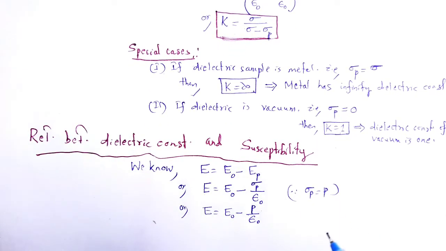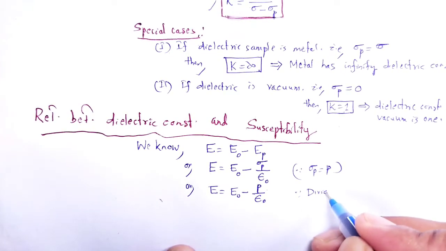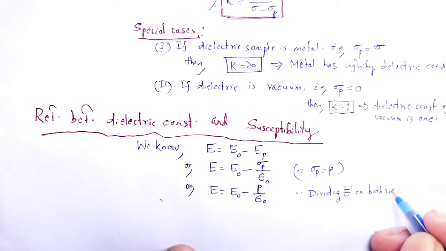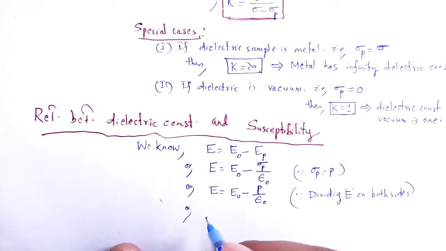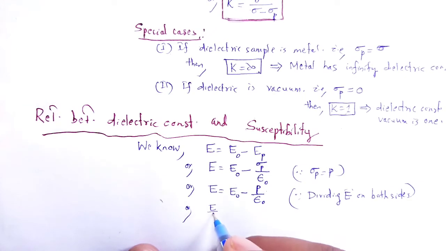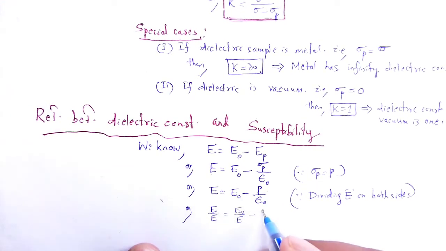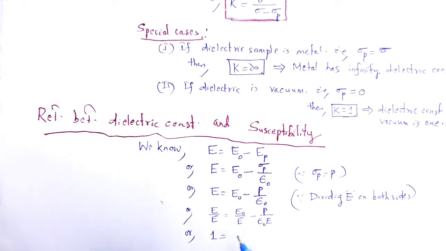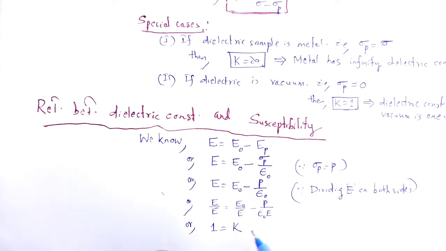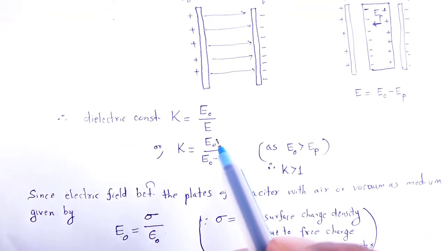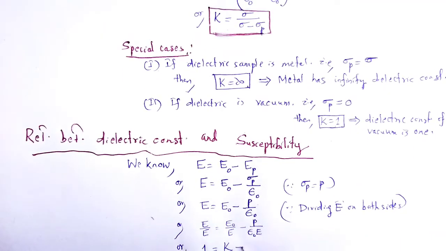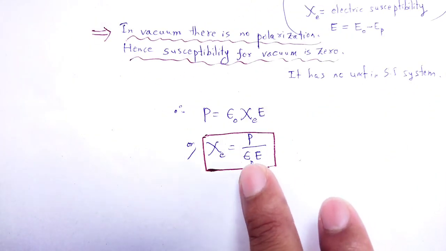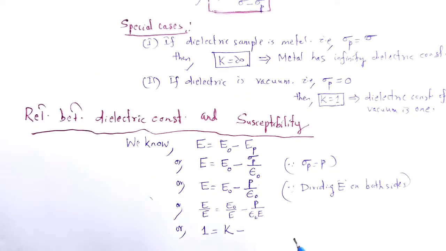Now dividing E on both sides: E divided by E is 1, E naught by E, that is K, as we define K is equal to E naught by E, minus P divided by epsilon naught into E, that is the susceptibility.